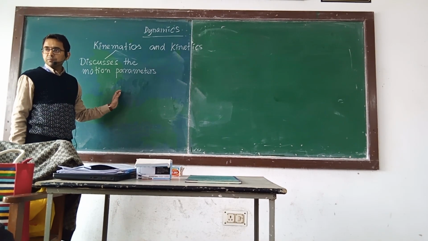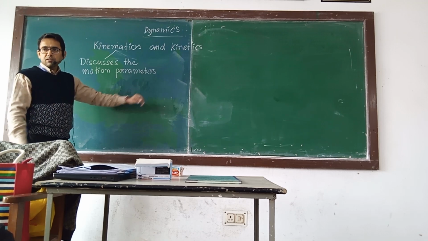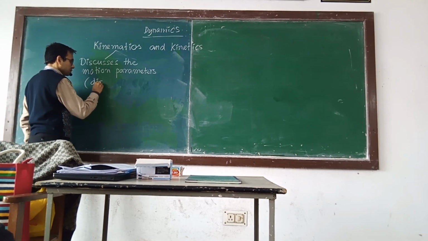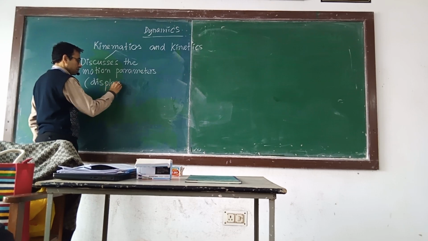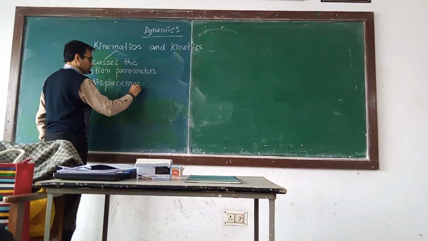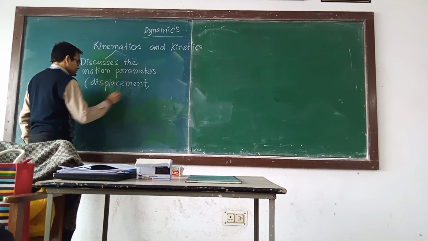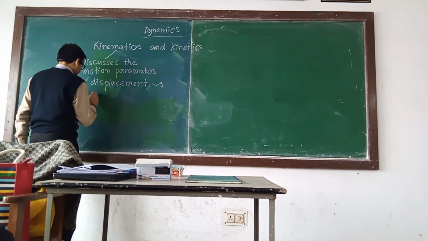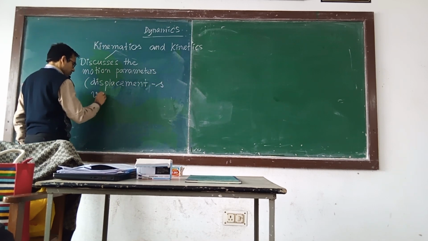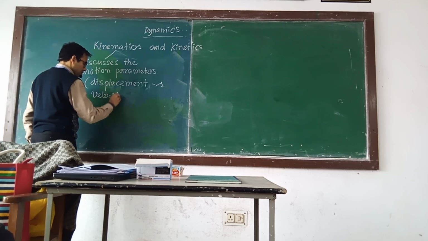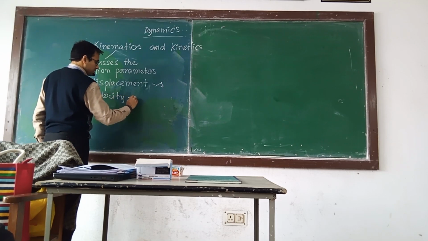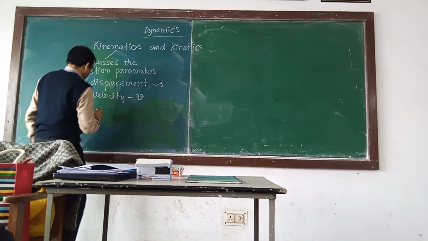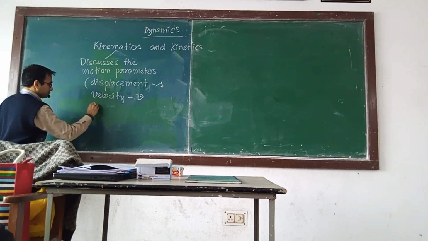Basically, first displacement, then velocity, then acceleration. Displacement is denoted with S, then velocity, velocity is V, and acceleration.